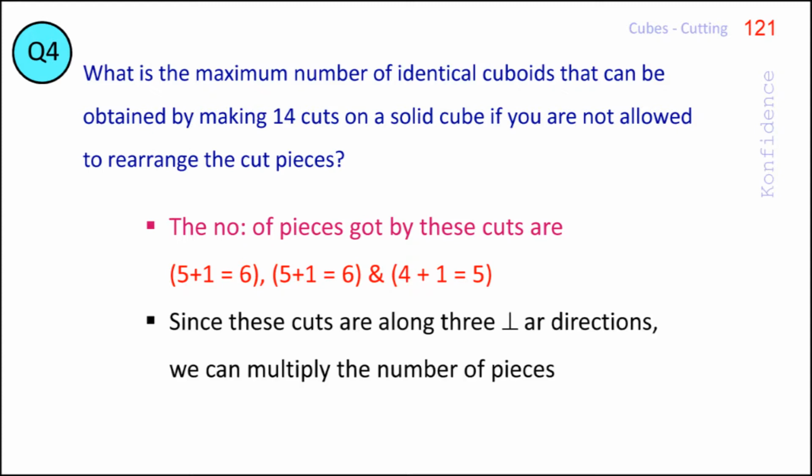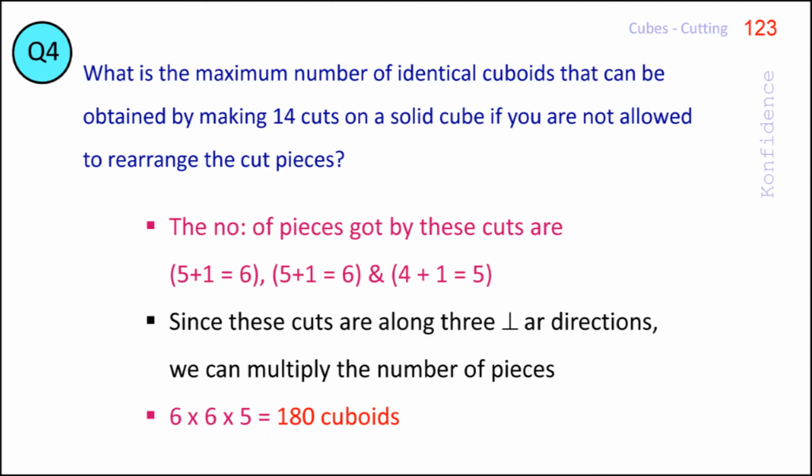Moreover, since these cuts are in mutually perpendicular directions, each of these cuts will cut through the cuboids obtained by cutting in other directions. So the total number of cuboids obtained can be got by multiplying 6, 6 and 5. So we will get 6 times 6 times 5 or 180 cuboids.